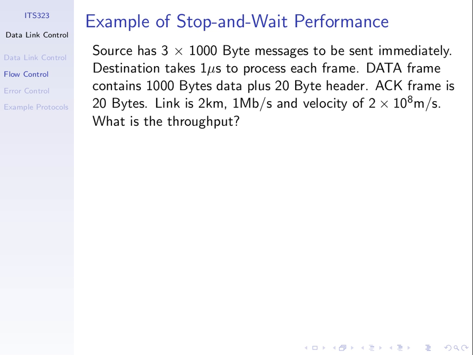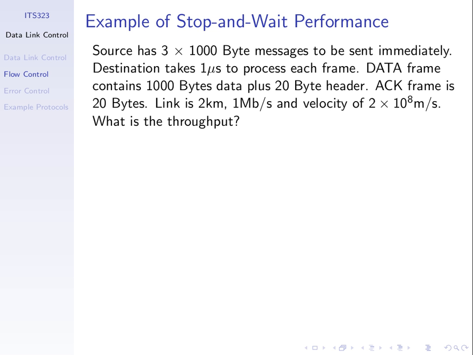I've kept the values easy. Propagation delay. Quick, someone, propagation delay. How many microseconds? 2,000 meters divided by 200 million meters per second gives 10 microseconds. Processing, we know from the question at the receiver, is 1 microsecond. That's given.